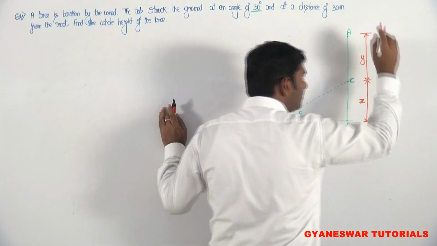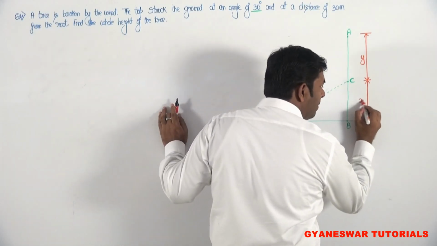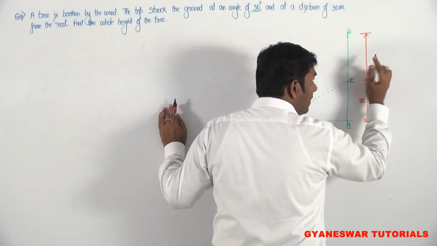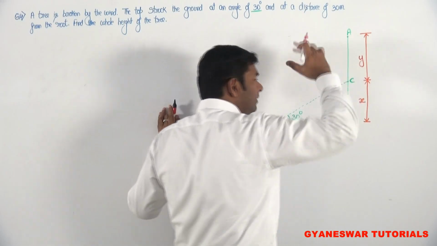This is y. Let us assume x is the lower part of the tree which is not broken. y is the upper portion of the tree which is broken.